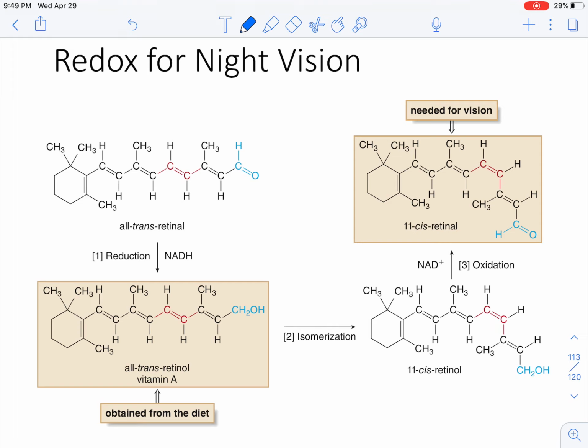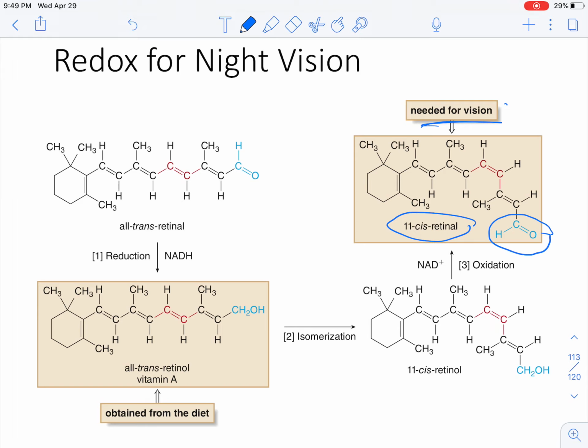They're called the rods and the cone cells. And so the chemistry of vision in the rod cells centers around this aldehyde, this 11-cis-retinal. So I'm just going to circle that real quick. And so you guys need this substance for vision, for night vision. And the aldehyde that we're referring to is circled in blue. Okay?